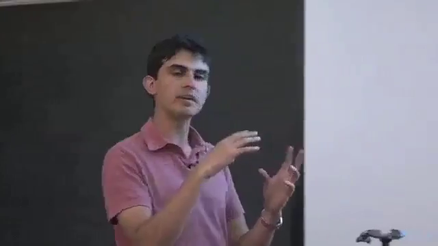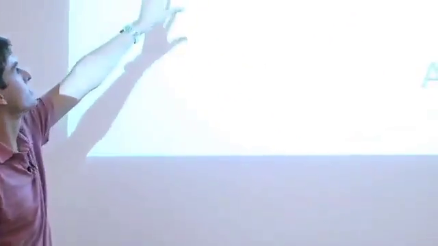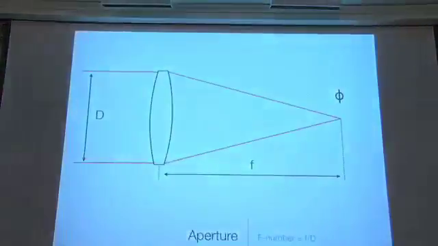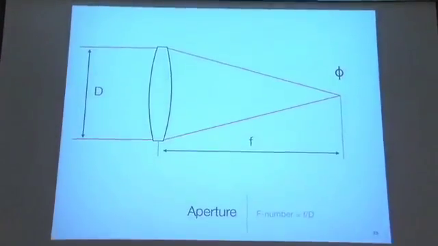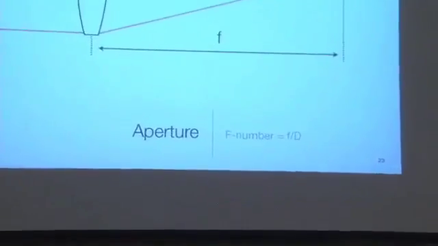But there is a glass element in there that's sort of the limiting factor, and so this is the limiting factor that you can think of as being this diameter here. So you take the focal length, you divide it by the diameter, and you get basically this F number.